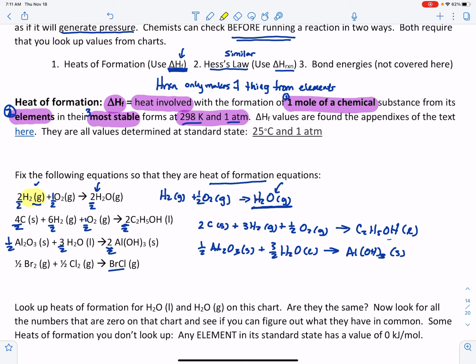And then we have oxygen. Definitely we find that as a gas. And we look at the next set of reactions. Carbon as a solid. Carbon is a solid. Hydrogen as a gas. Yes. Oxygen as a gas. So we're good there. Now look at this next one. This is not an element all by itself. It has to be an element.